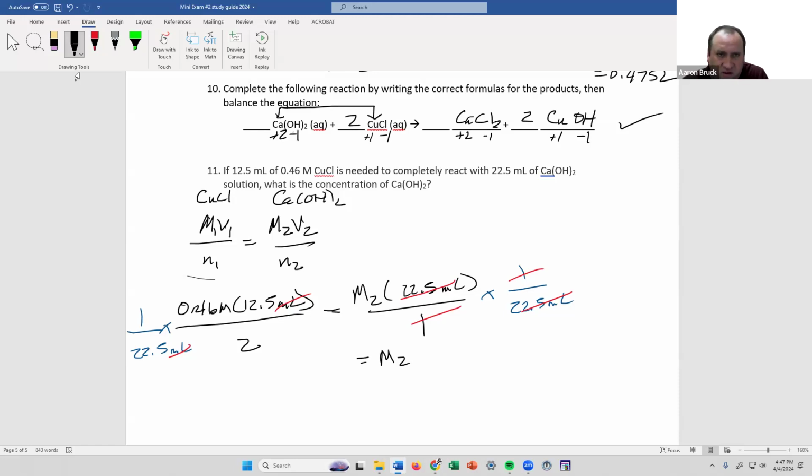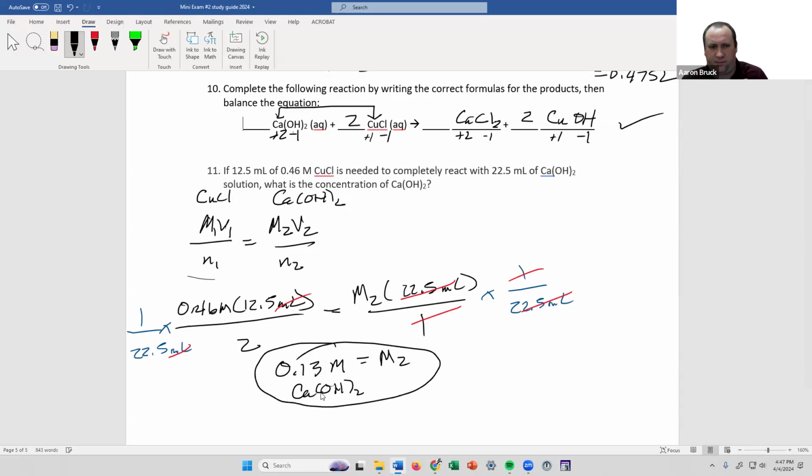And to two significant figures, because there are only 2 in this original calculation, I get 0.13 molar calcium hydroxide as my concentration there.